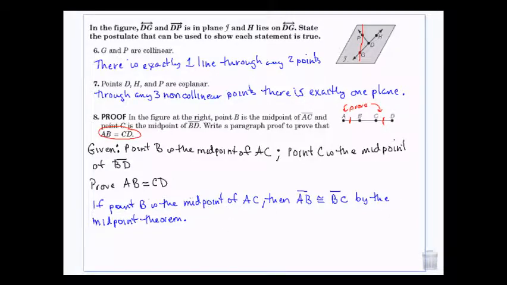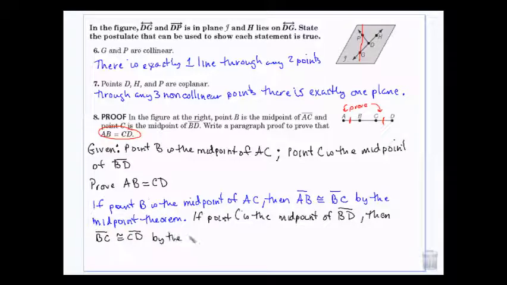Our next given statement is point C is the midpoint of BD. So we have another given, and what does it mean? It means that BC is congruent to CD by the midpoint theorem.